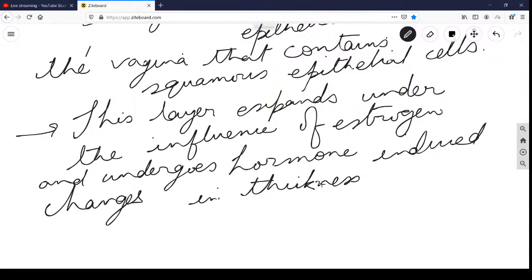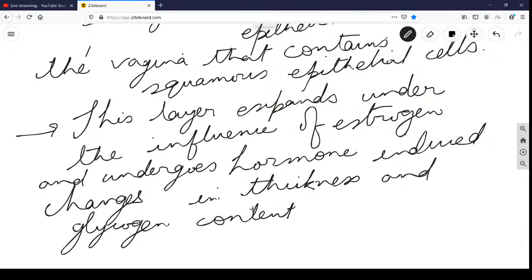Glycogen is a stored form of carbohydrate, a polymer, right? Thickness and glycogen content during the menstrual cycle.